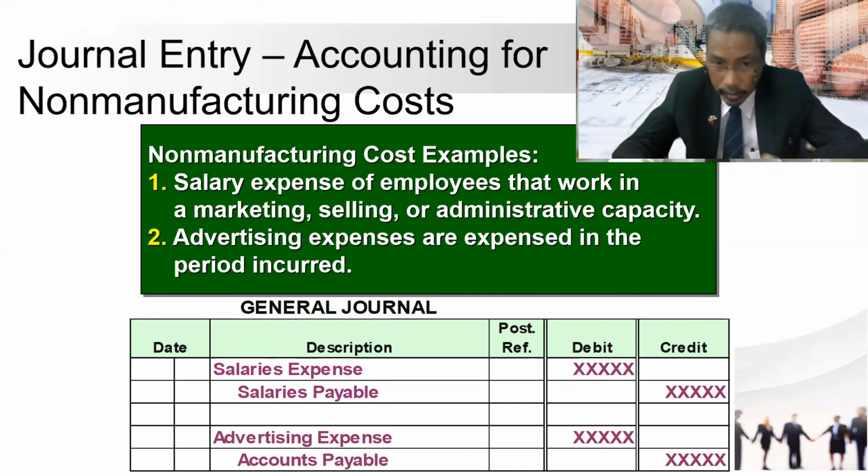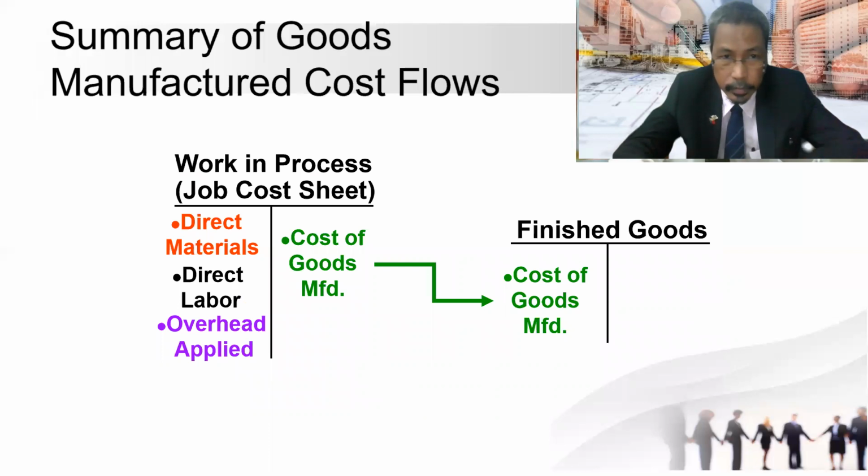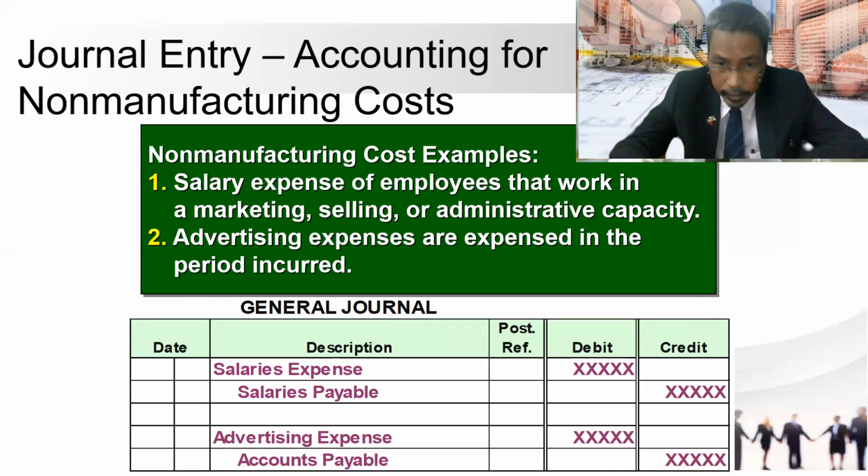Salaries and advertising expenses. So let us put this into our T accounts. Salaries, that is indirect. So salaries, indirect, overhead or non-manufacturing overhead. Advertising also is a non-manufacturing cost.